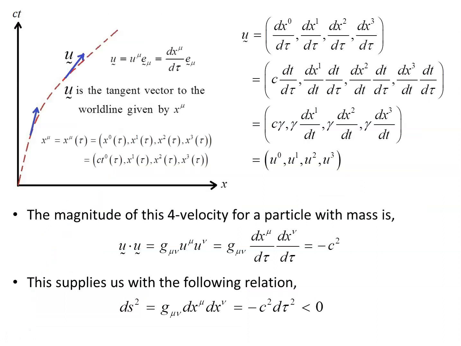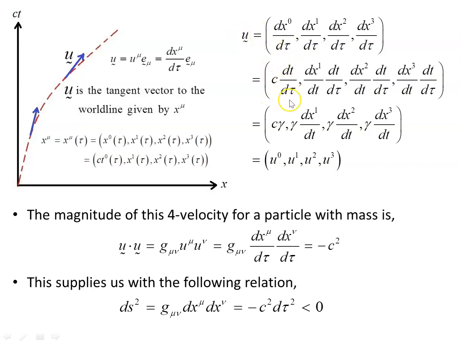All right, now let's just have a look at the forward velocity in terms of the derivative of the coordinates with respect to proper time, and we find that it's related to coordinate time. dx0, where x0 was the coordinate ct, times dt/dτ gives us the first component of the forward velocity, the time component.